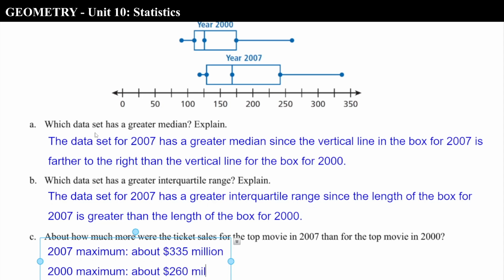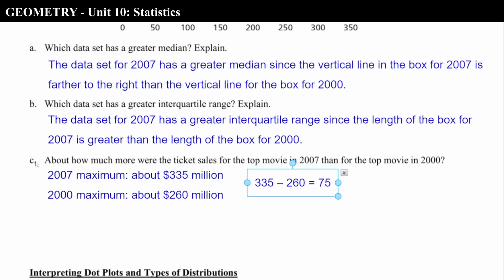Remember, these values are in millions. The greatest value here is about 260. The greatest value here is about 335. Then all you do is take those two values and subtract them: 335 minus 260 is equal to 75.